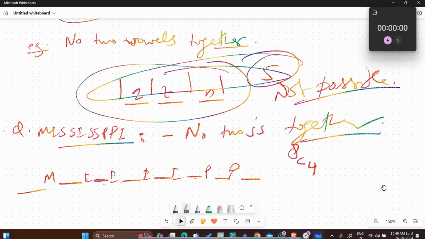And the others can be permuted in 7 factorial upon 4 factorial and 2 factorial. This is the answer.